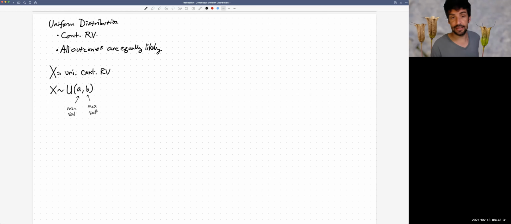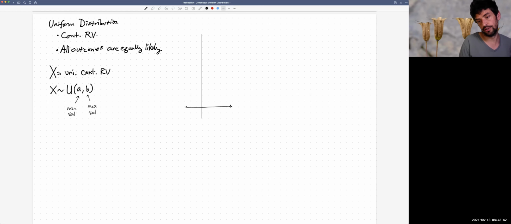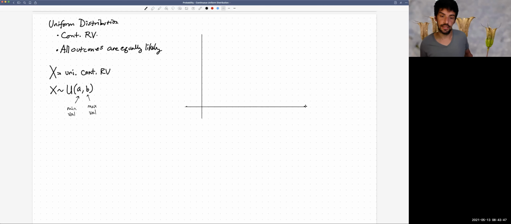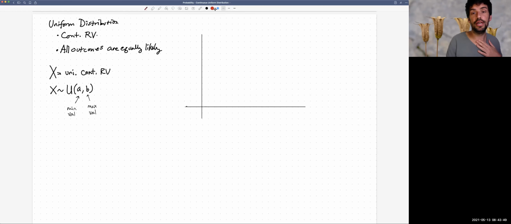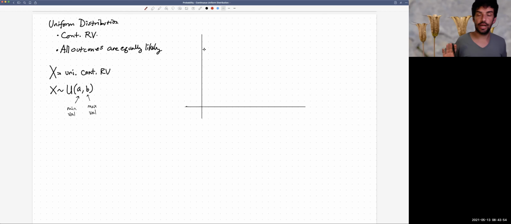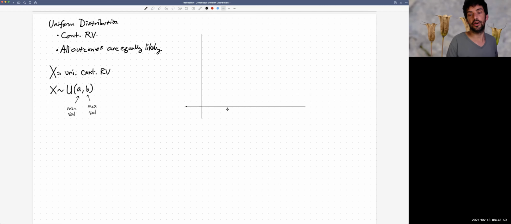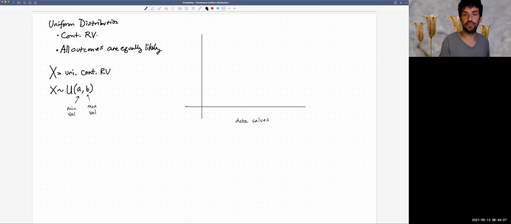Okay, let's use this information to draw a graph of this distribution, or draw the probability distribution function for this distribution. So remember how I'm thinking about the graph I'm about to draw. What I want to represent is that all the outcomes are equally likely. And our outcomes, remember, our data values are along the horizontal axis.